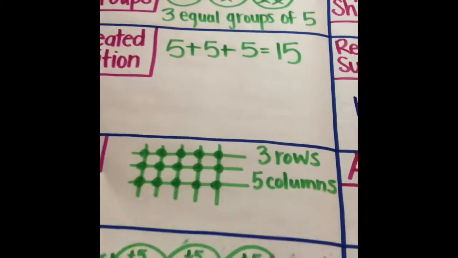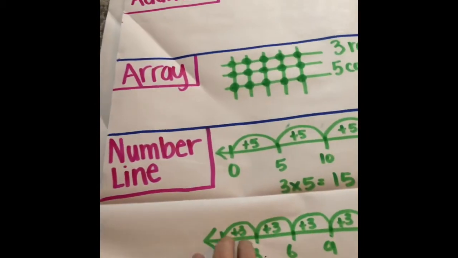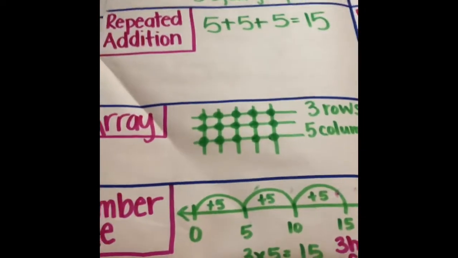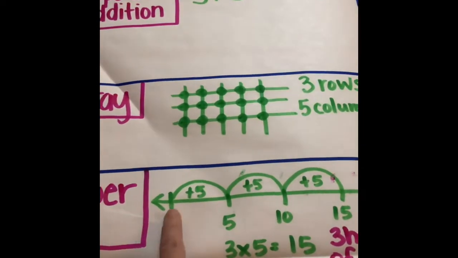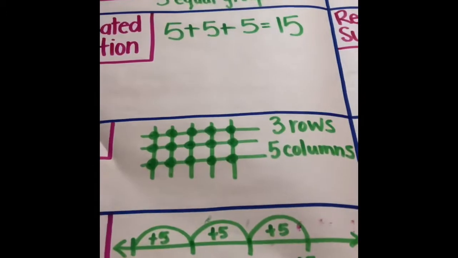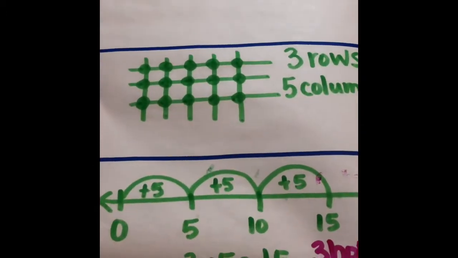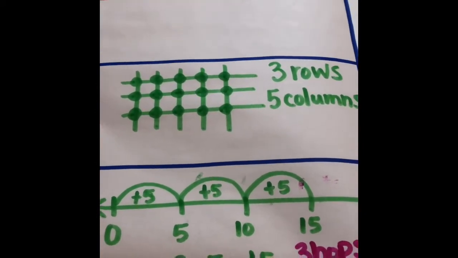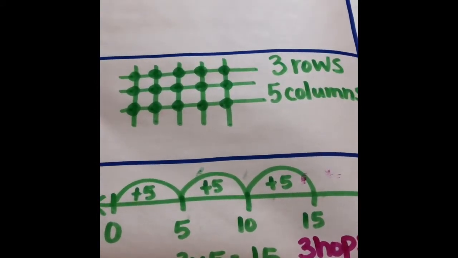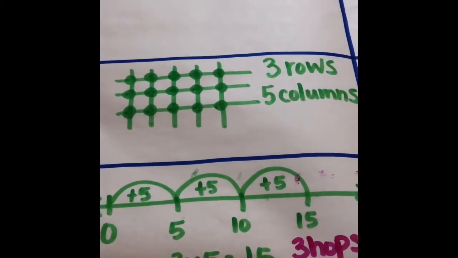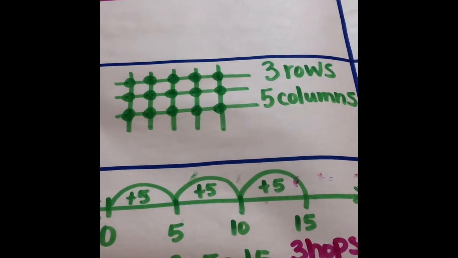The next strategy that we have is our number line. So if you remember number lines for multiplication, we had some little hops. So I went ahead and I did both versions of our equation because I want to show you what that looks like in division. So if I have 3 times 5 equals 15, I know that I usually take my first factor and those are my numbers of hops.